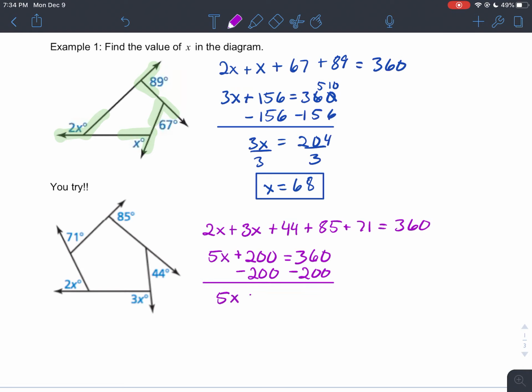So 5x equals 160. Divide both sides by 5. So x equals 32. And again, the instructions don't ask us to find the angle measure, just to find the value of x. So you're done. Well done.